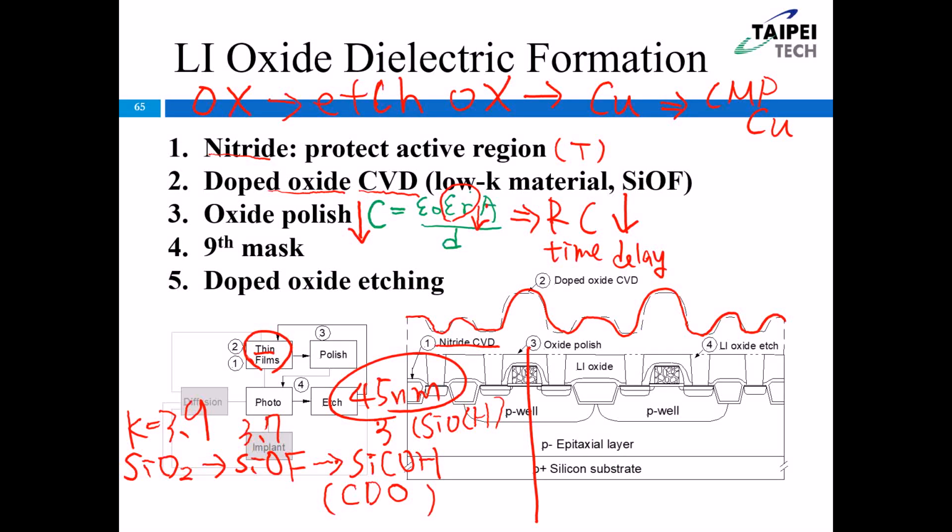When the K is smaller than 3.9, we say all of this is low K material. When we talk about low K material, we talk about the oxide in the interconnect.